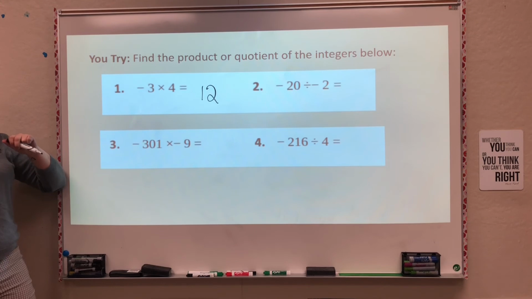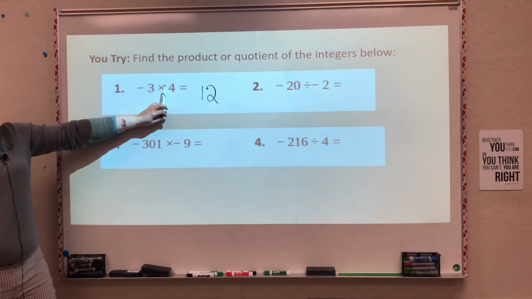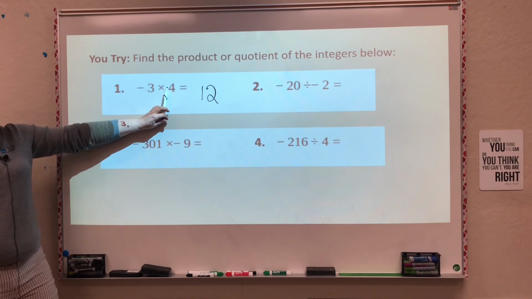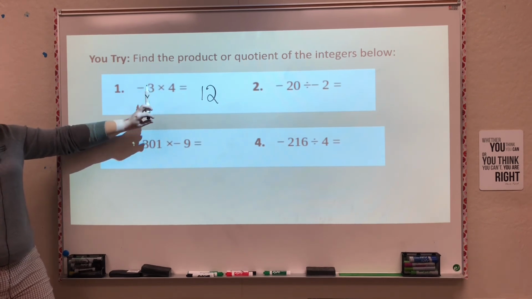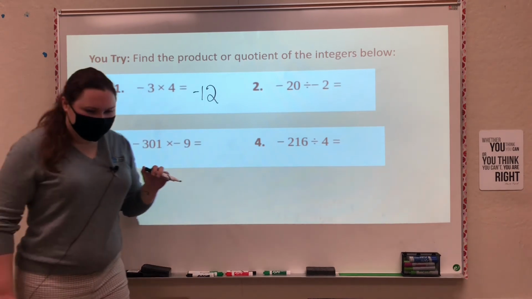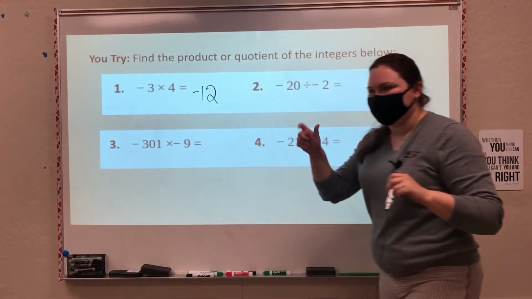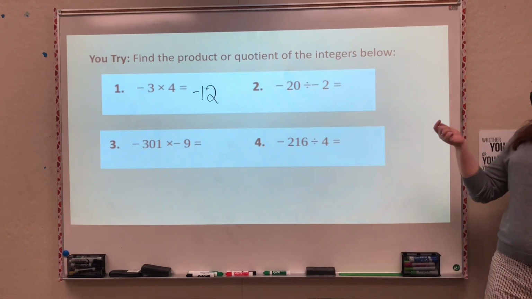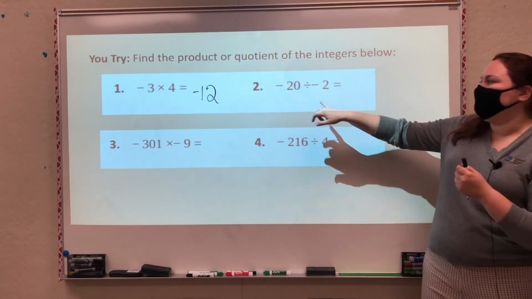Check your rules again. What's true about our signs here? They're different signs, so negative 12. I think you're thinking back to what we were doing with addition and subtraction, which is why I think it's hard when we shift gears to multiplying and dividing.